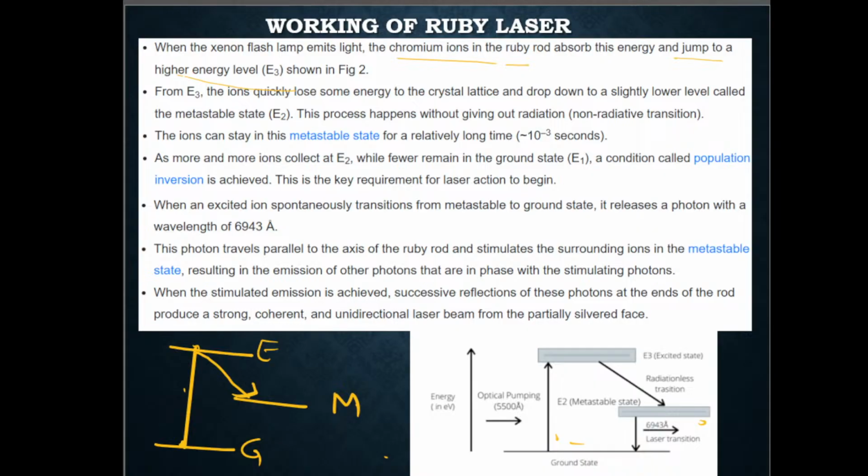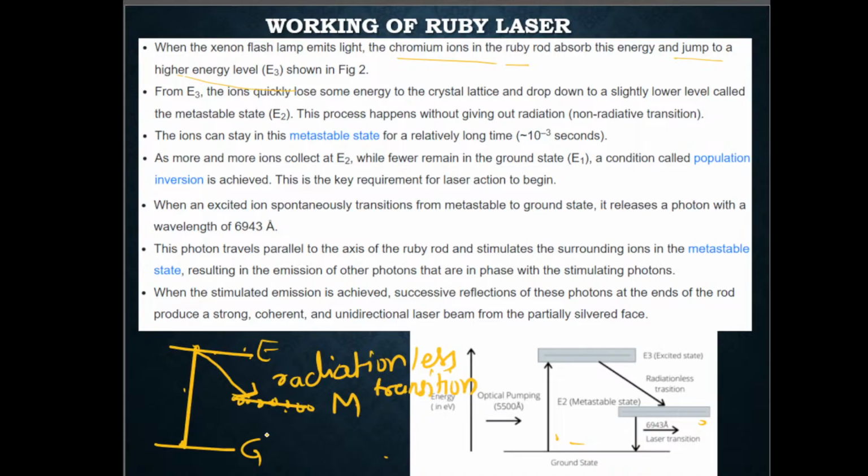Okay, whenever it comes from the excited state to the metastable state, there is no radiation. That means a radiationless transition. And the atoms coming from E3 to E2 will be accumulated here.